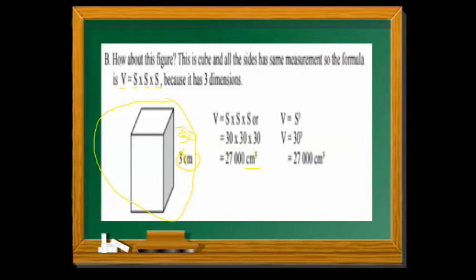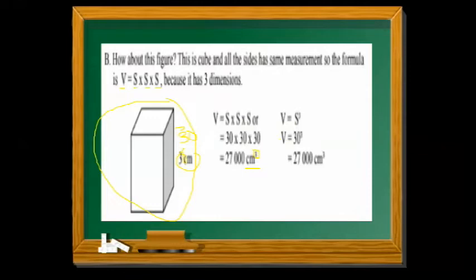Always remember the small 3 above, that is the cubic sign. If it is not there, the answer is definitely wrong. Aside from the formula S times S times S, we can also use V equals S to the third power, or S cubed.